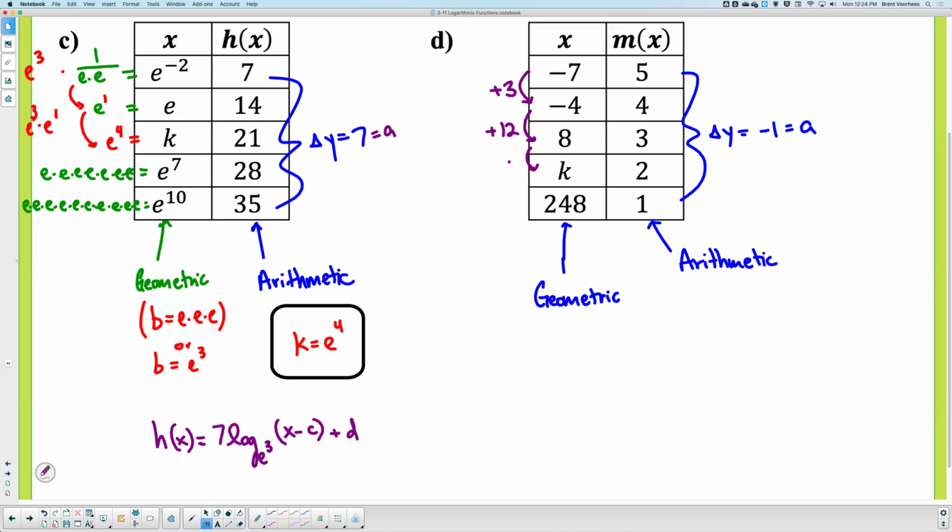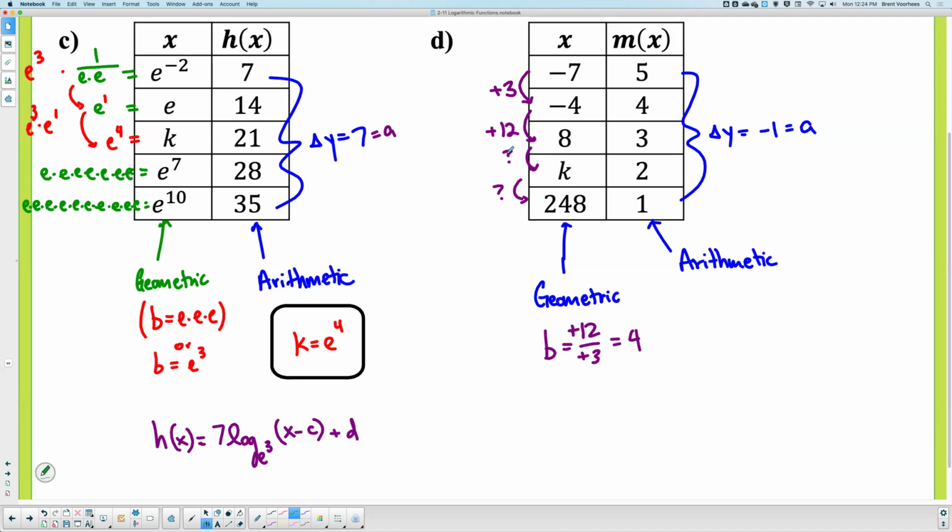Okay, we don't know. Do we know from k to 248? No, but we can figure it out. Do we have back-to-back values here? We can solve for our base then. The base would equal +12 divided by +3. What's +12 divided by +3? 4. That means each time it's getting multiplied by 4.